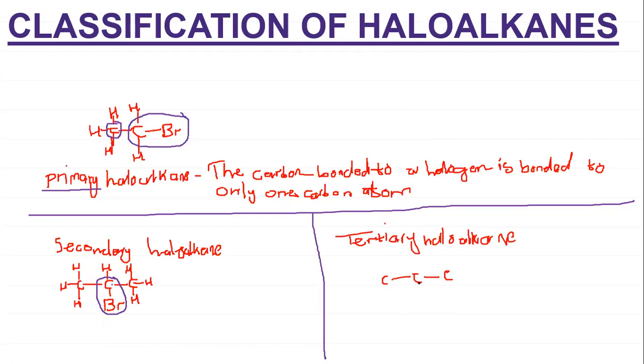So let's say I want this carbon here to be bonded to a halogen. What does this mean now? It means this carbon must be bonded to three other carbon atoms. So what I see is this one is bonded to one, it is bonded to the second one. It means I need to have it bonding to another carbon atom.